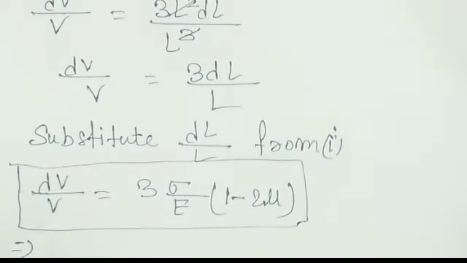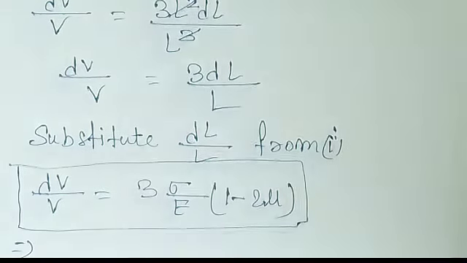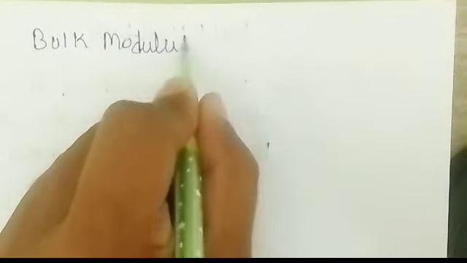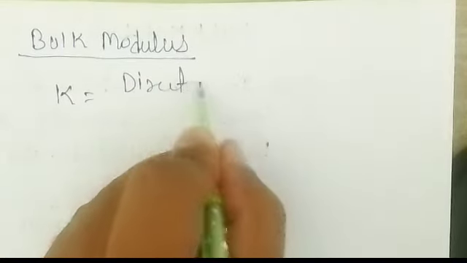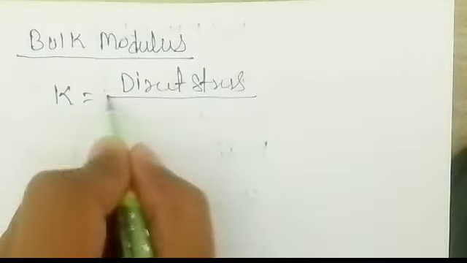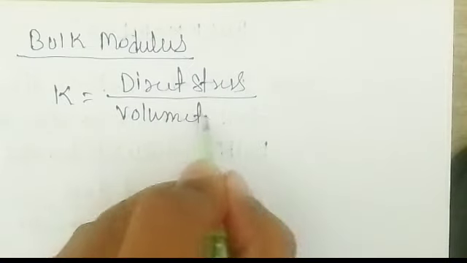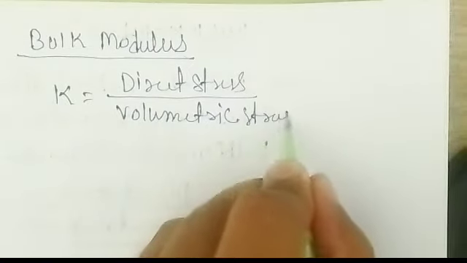Now, bulk modulus we already discussed at the beginning of the class, that is direct stress by volumetric strain. So now we can introduce, to simplify this equation, bulk modulus K is equal to direct stress by volumetric strain, right?